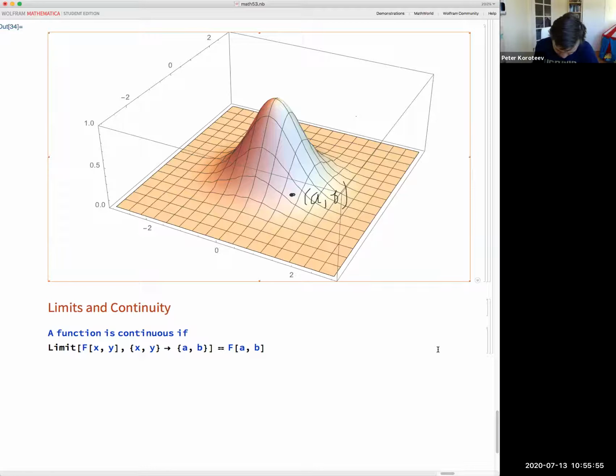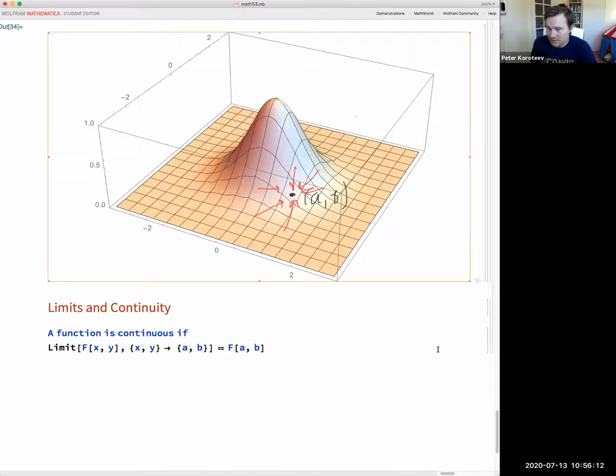And then you need to approach this point from some direction. You can approach it from here, from there, from there. How do you choose which direction you would go?